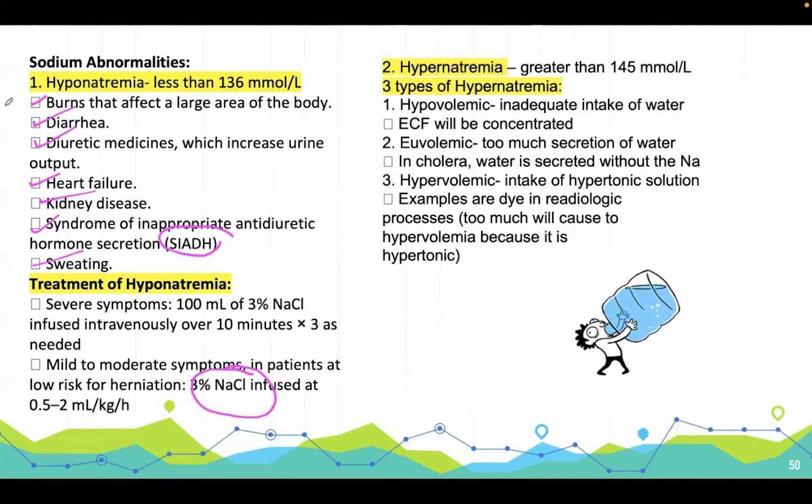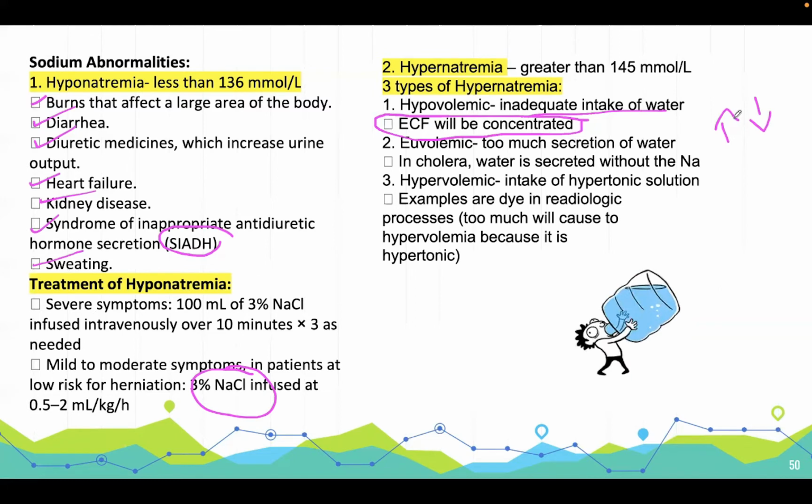Hypovolemic, it is where your inadequate intake of water. Ibig sabihin yung extracellular fluid mo magiging concentrated na yan. Kasi nga po, tataas yung solute sa katawan mo. Diba? Kasi inadequate, mababa yung solvent sa katawan mo. So meaning, mababa yung water, yung solute sa loob ng katawan mo, mataas po yan.